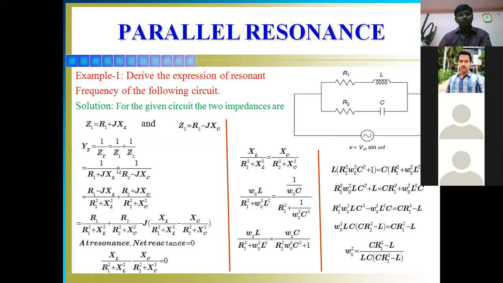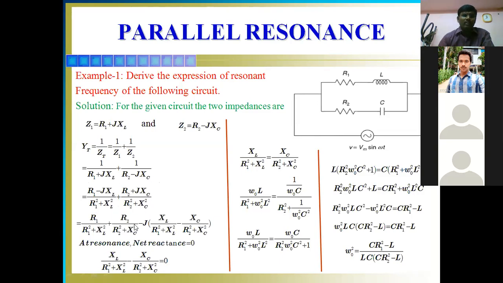So from this, 1 by (R1 plus jXL) plus 1 by (R2 minus jXC). If you rationalize these two, you get (R1 minus jXL) by (R1 square plus XL square) plus (R2 plus jXC) by (R2 square plus XC square).